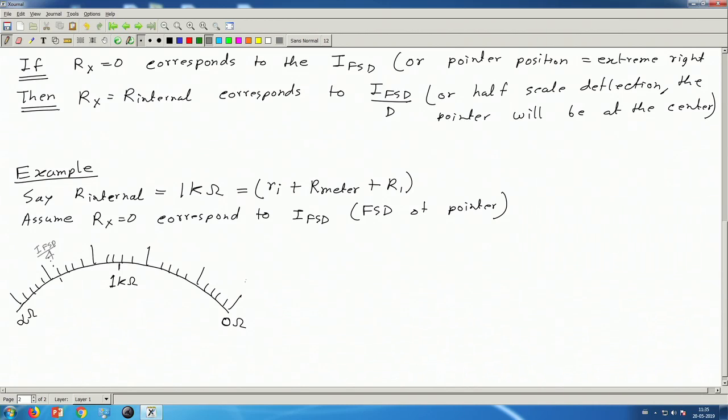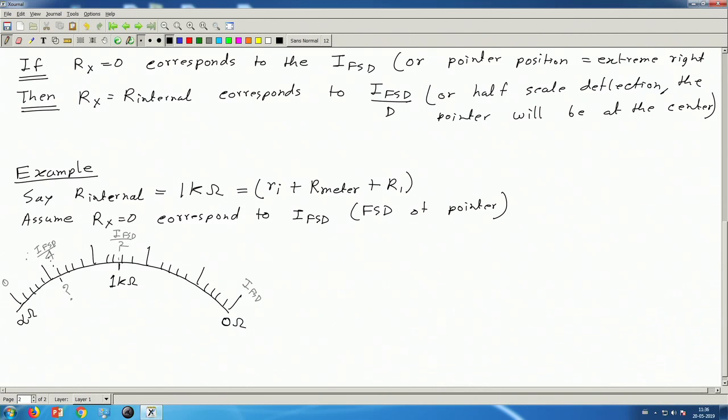If the pointer is here, that means full scale deflection current flows. If pointer is here, no current flows. If the pointer is here at the center, half of the full scale deflection current flows. If it is here, 1/4 of the full scale deflection current flows. Now, what will be the value of the resistance that I should put here on the scale? So, this is the question, and let us find out the answer.